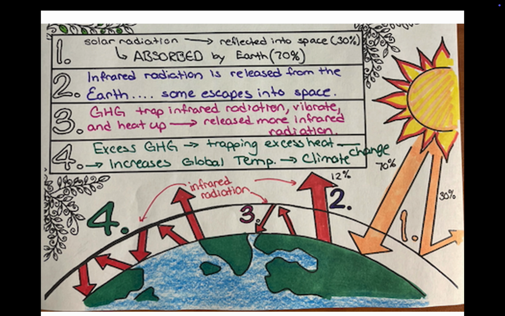So here's the point. It's not that change isn't going to happen on the Earth. It's that because we're creating these excess greenhouse gases, the Earth's changes will happen too quickly for humans to adapt to and for the Earth to adapt to. Because remember, adaptation takes a long time to take place.